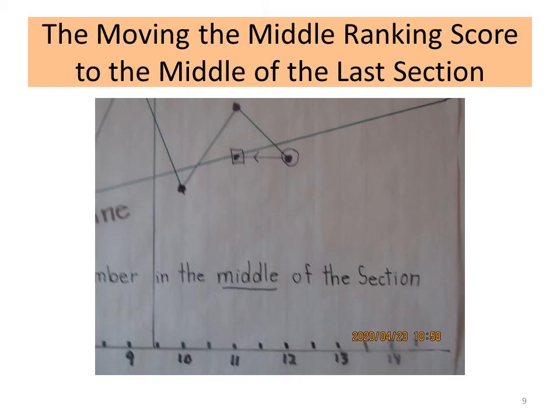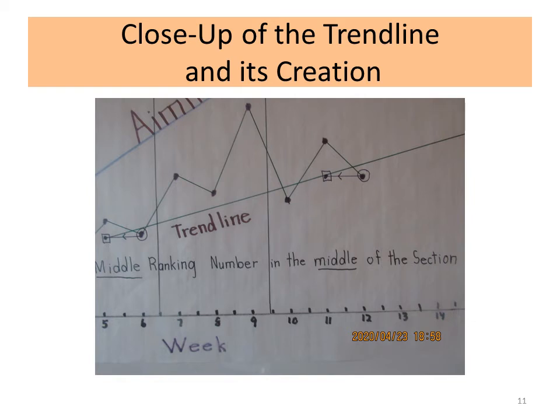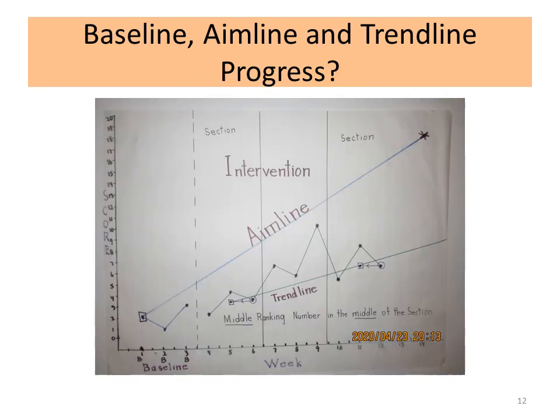Notice I put in there the middle number in the middle of the section. I connect the two boxed scores and keep on drawing the line. Here we see it a little bit closer. Now you see it all. Everything is there.